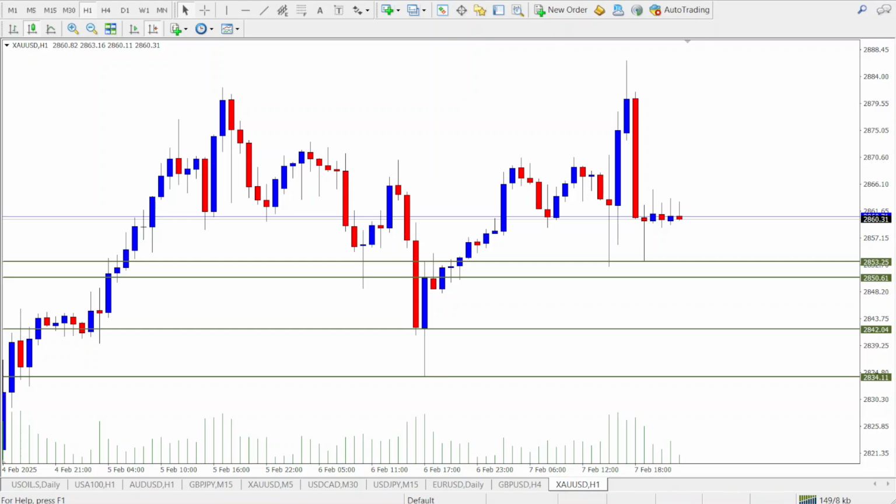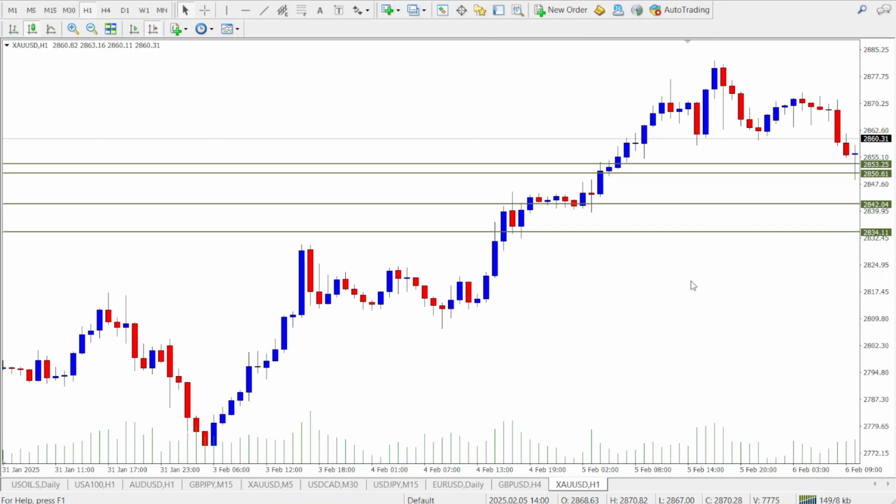Now, while individual candles can give some insight into market behavior, traders look for specific formations that signal potential market reversals or continuations. Here are 3 of the most important candlestick patterns you should know. The first is the engulfing pattern.